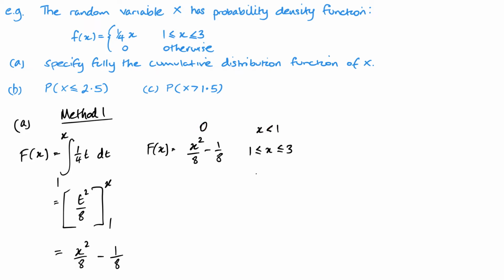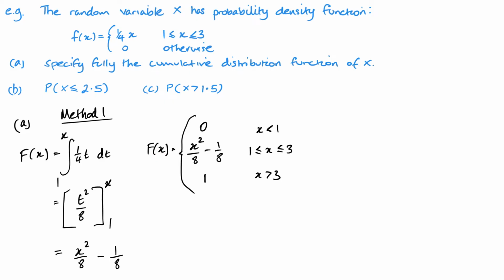And anything that is greater than 3 is going to have a probability of 1. Because once I get to this point, my probability is 1, isn't it? Cumulative, anything after that, it's still going to be 1. So that is now how I set this up.